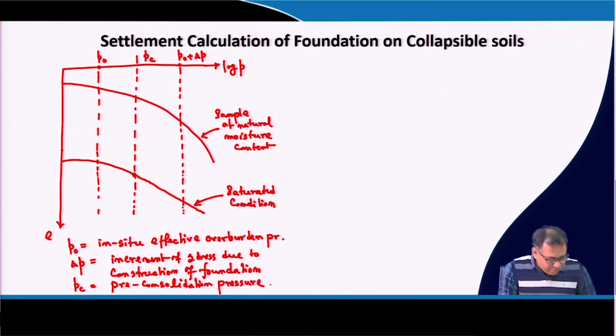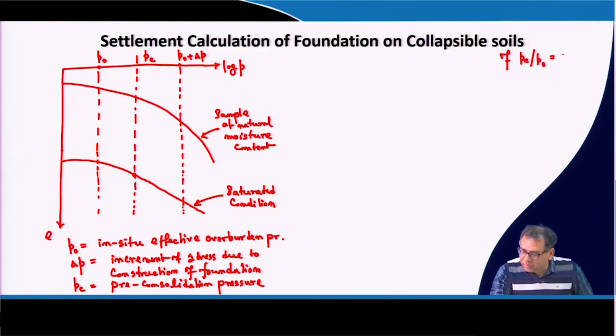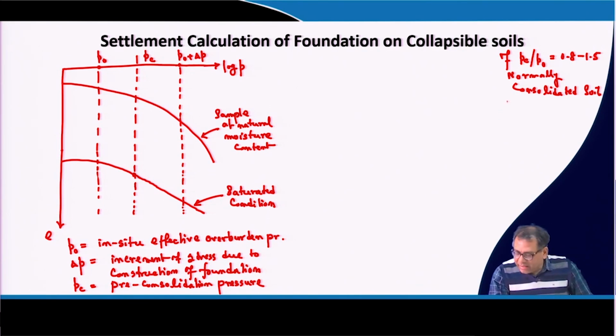Now, if PC divided by P0 is equal to 0.8 to 1.5, then that soil is called normally consolidated soil, or in short NC.